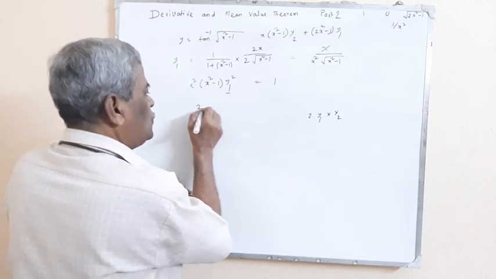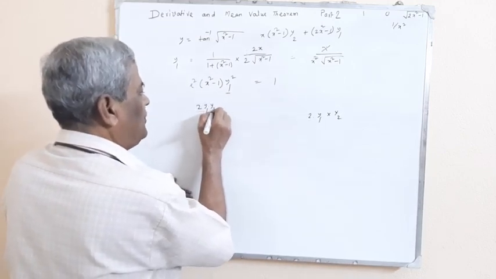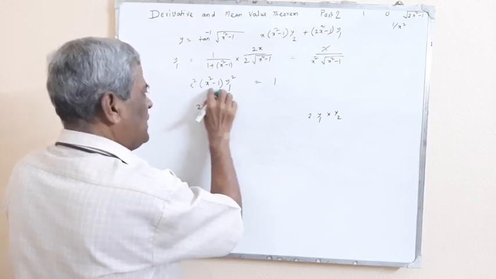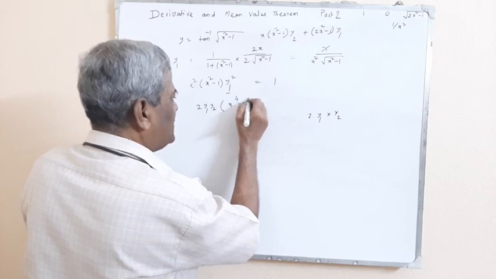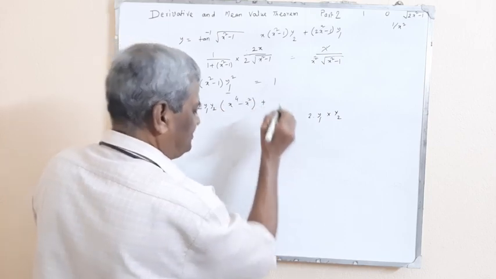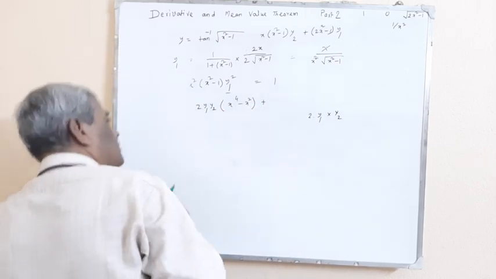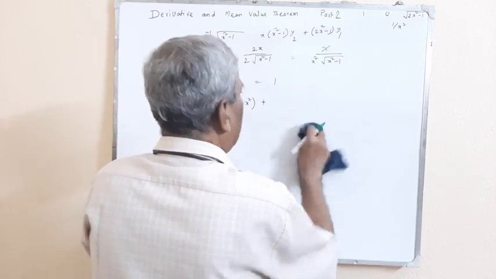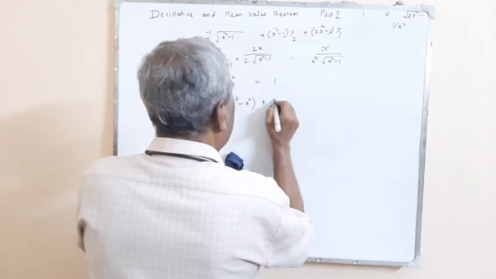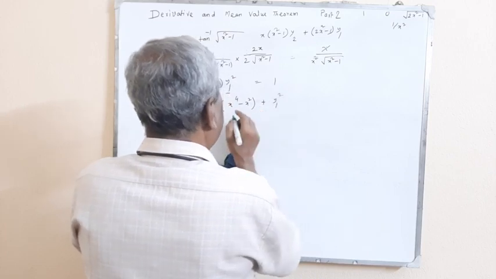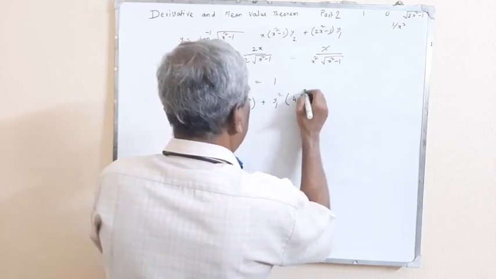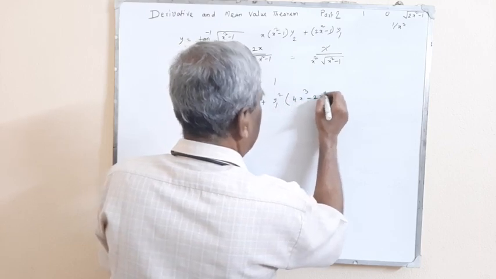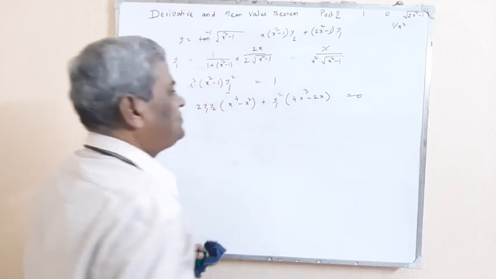So it is 2y1 y2 into this part intact, x to the power 4 minus x square, plus y1 square intact, then derivative of that part, that is 4x cube minus 2x, is equal to 0.